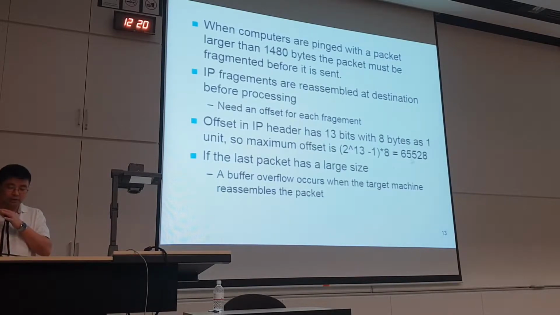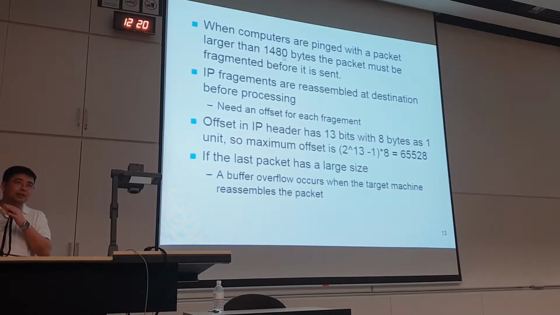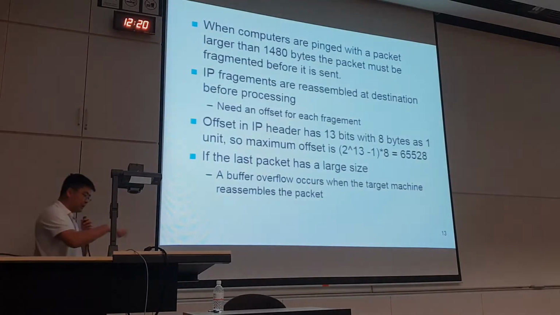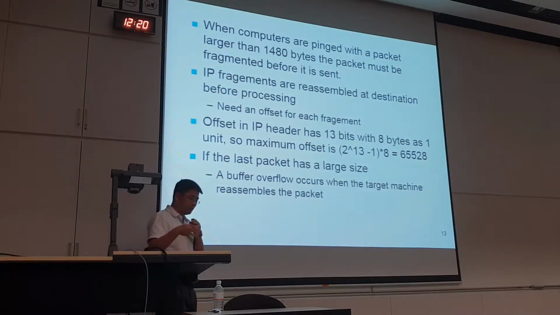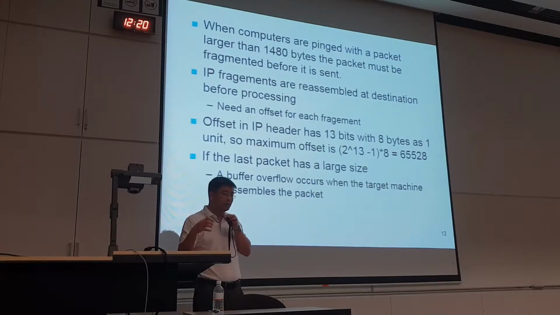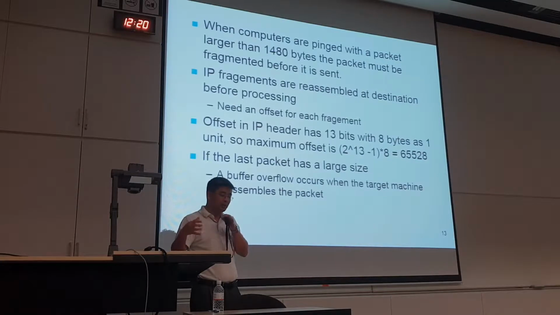Because if you have this offset, which is the starting position of the last fragment, plus this value, it is definitely bigger than the maximum value allowed for the IP packet. That means if you send a lot of small packets and the receiver reassembles them together, it is possible that the reassembled packet has a larger size than the limit.